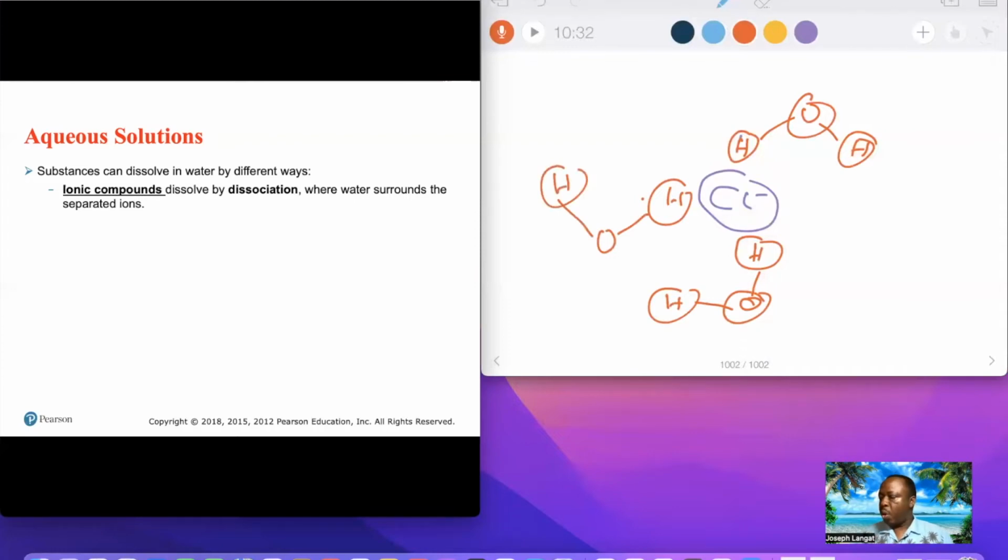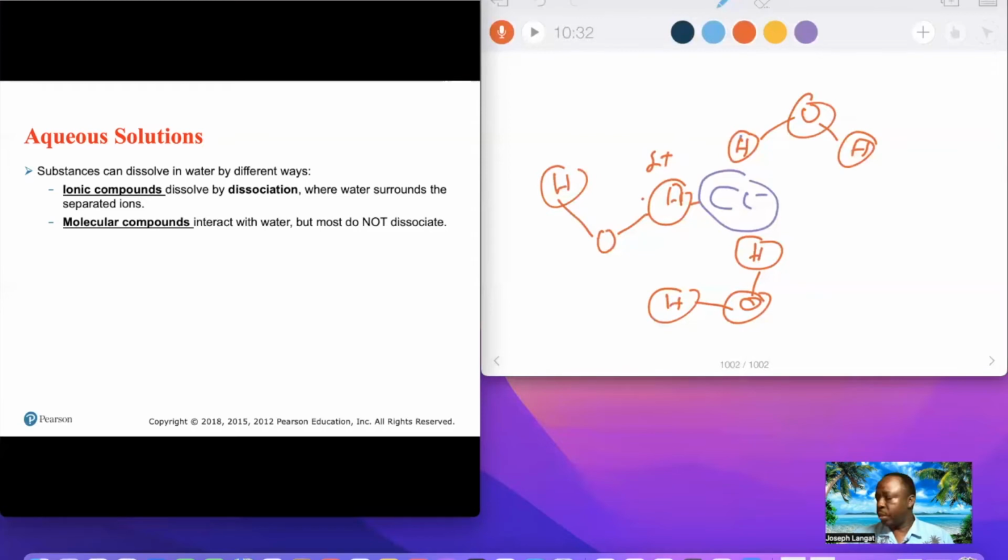The chloride is surrounded by water molecules using the hydrogen. Remember, this was partially positive. This is chloride negative and hydrogen positive, so they attract. So understand the surrounding of the ions by the water molecules.